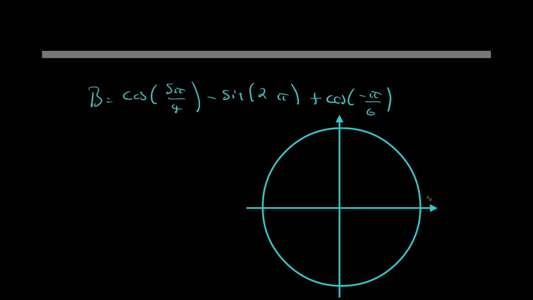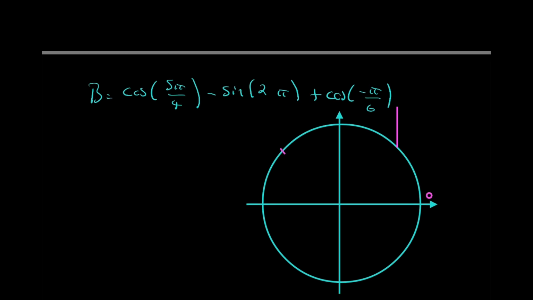5 pi over 4, we've got 0 here, 1 pi over 4, 2 pi over 4, 3 pi over 4, 4 pi over 4, and 5 pi over 4. Finally, so we can see that we know every value for pi over 4.